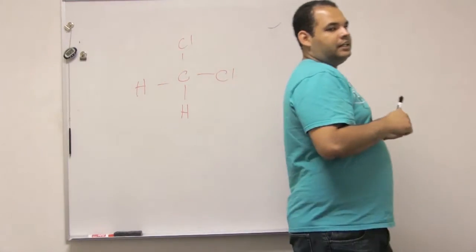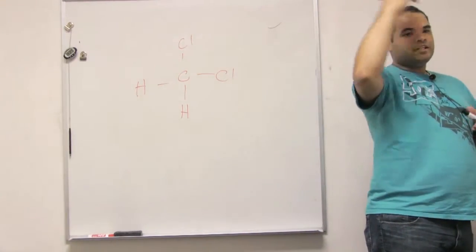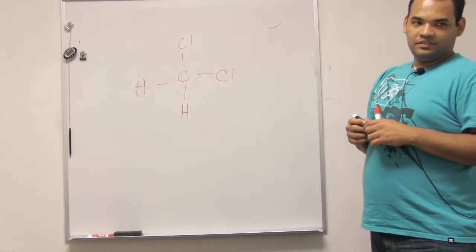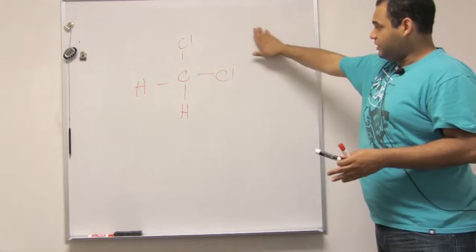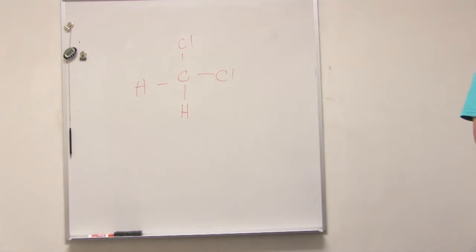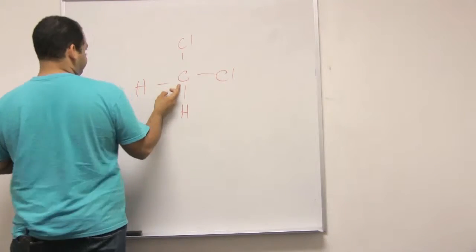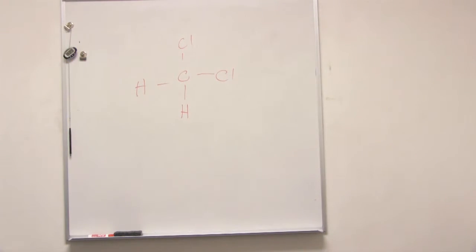Then you start asking, is the molecule symmetric? So it's not symmetric, but it is tetrahedral. Yes. So it's not symmetric. Does the molecule have a central atom with lone pairs? No. Does this molecule have any polar bond?